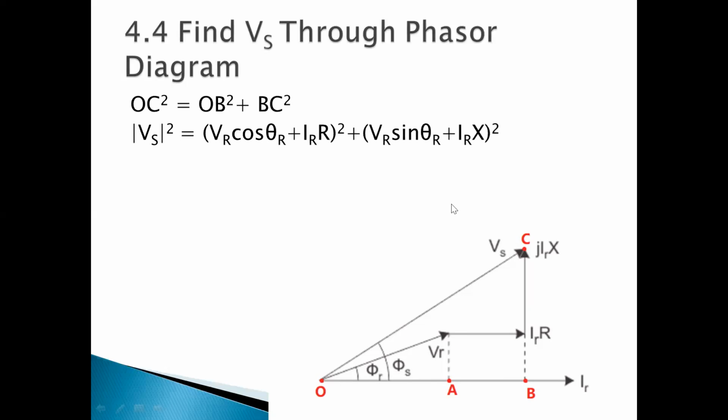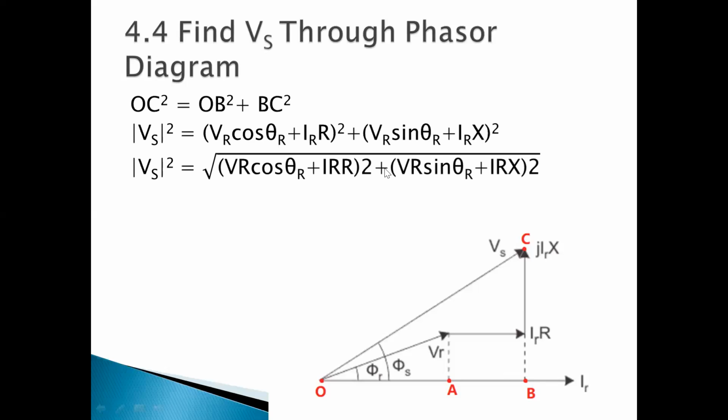Now I will put the value of BC. You know that from this point to point B, the distance is equal to from this point to point A. So I can write VR sin theta, where the angle is the receiving end voltage angle, plus this value IR into X. As I am talking about magnitudes, I am not going into complex numbers or anything.